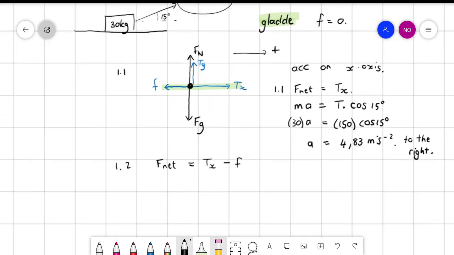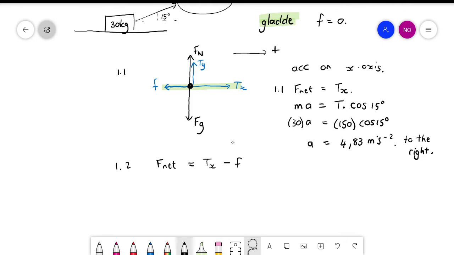Okay, so F net is still equal to m times a. This will still be 150 times cos 15 minus 24. Mass is 30, acceleration, daai is 120,88.